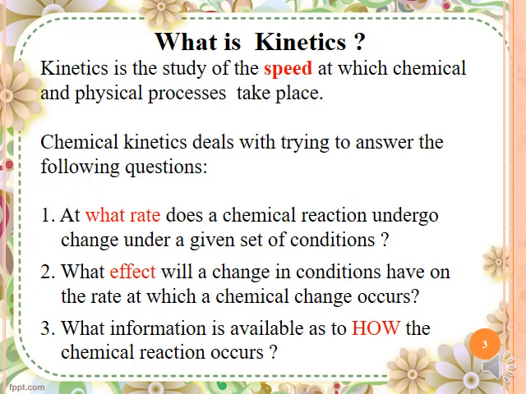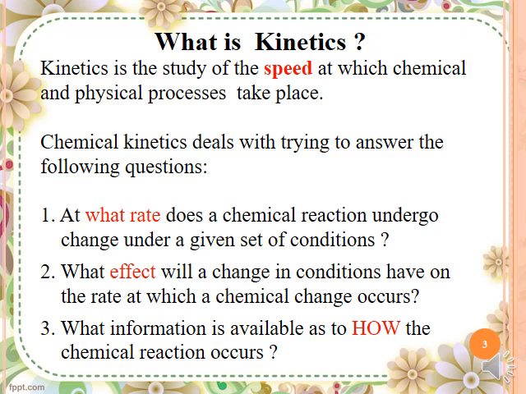So let us look at what kinetics is. Okay, so kinetics is actually the study of the speed at which chemical and physical processes take place. So we are focusing on kinetics for chemistry.